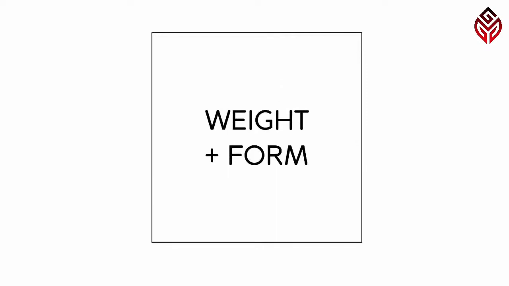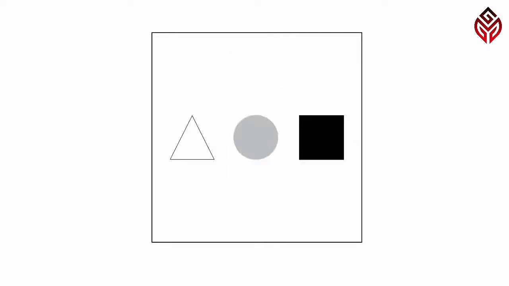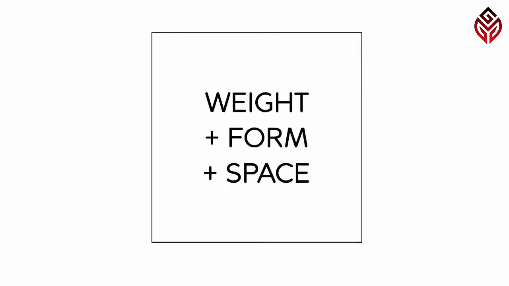So let's take one of the other examples that we looked at. We looked at weight and form together, and we'd looked at three different shapes with three different tones to them. So again, we could look at perhaps three different typefaces with three different weights to each letter form. If we then start to look at how those might work in terms of how they're composed within space, we can see that again we're disrupting legibility at this point.